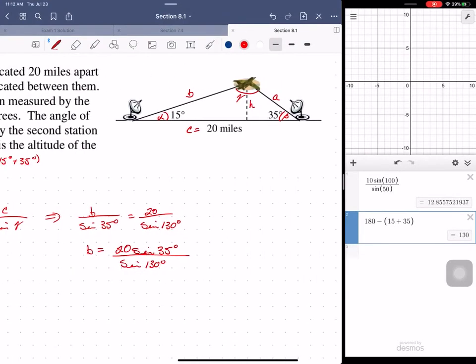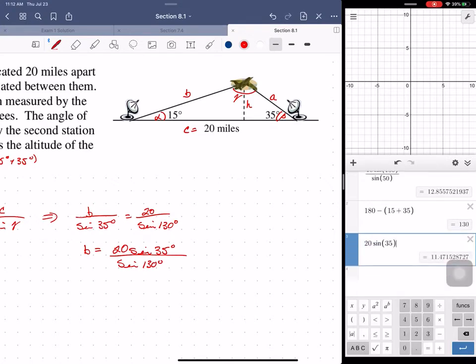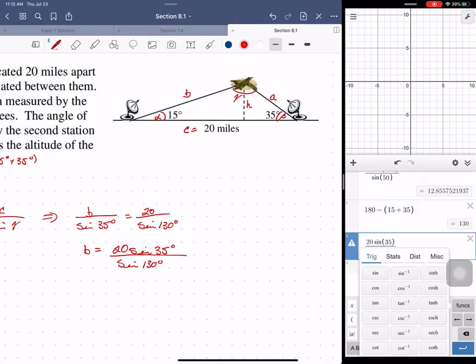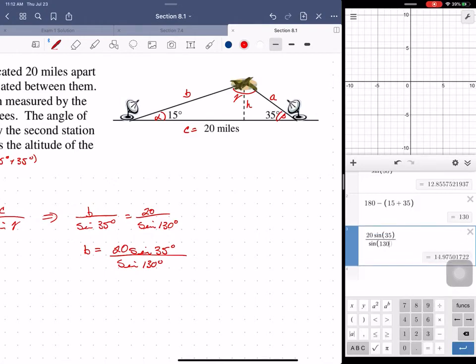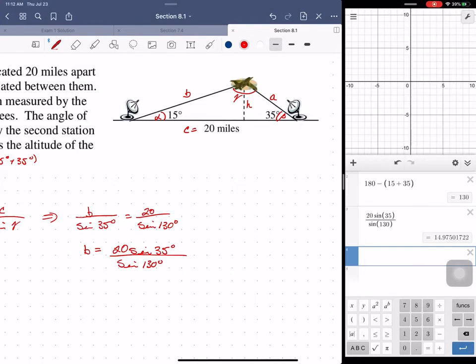So my side B is 20 sine 35 divided by sine 130. Make sure I'm in degrees. I am. Side B is 14.975 miles.